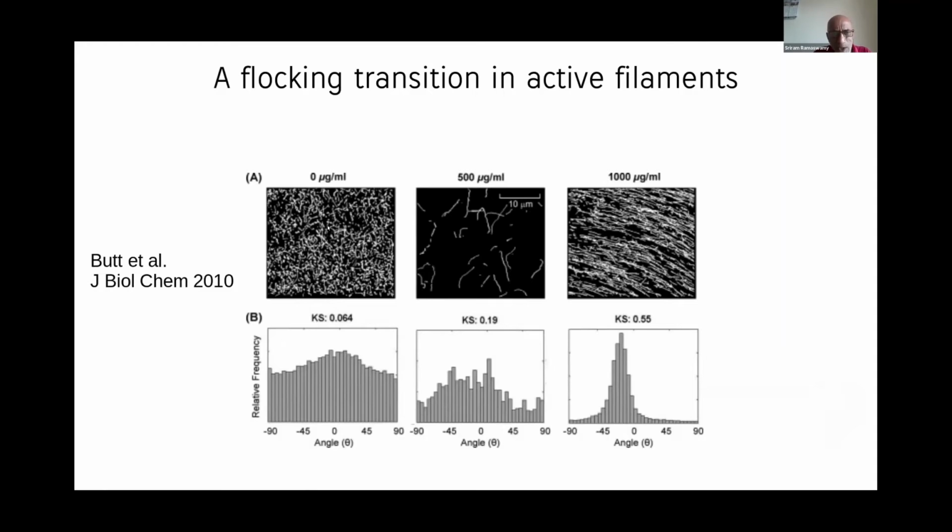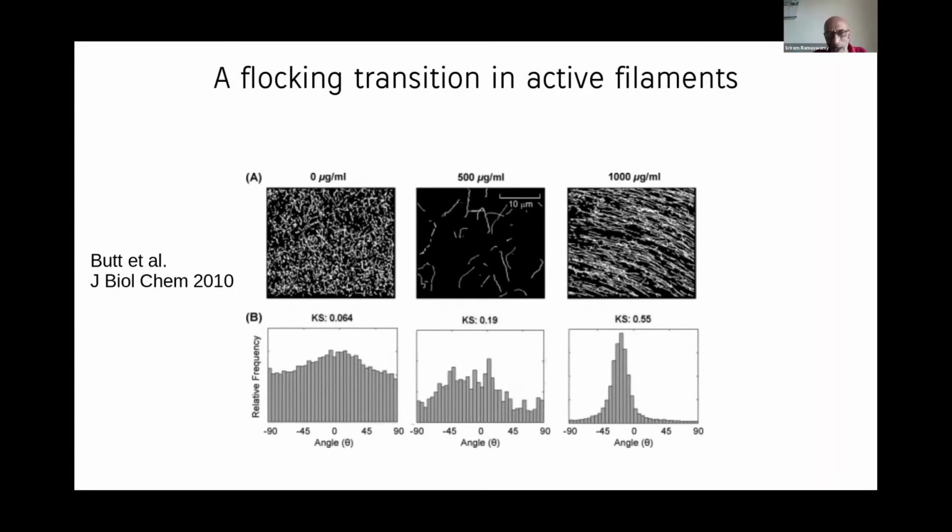But anyway, essentially, what they find is that at low concentration of, I guess in this case, filaments, or is it myosin? Myosin, I guess, right? Or ATP. That's right. Myosin, and the concentration is for myosin filaments.